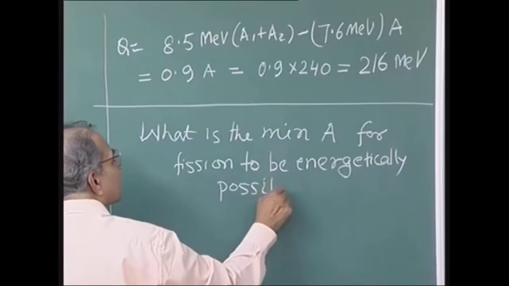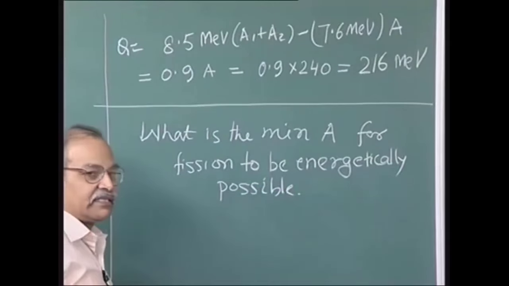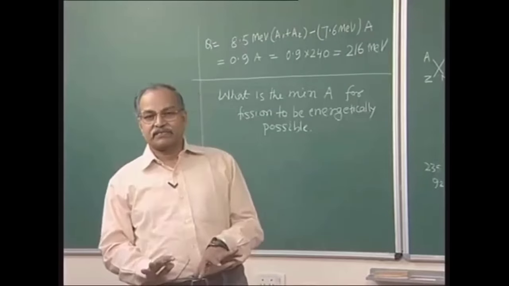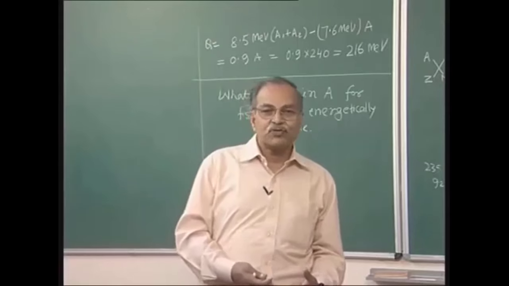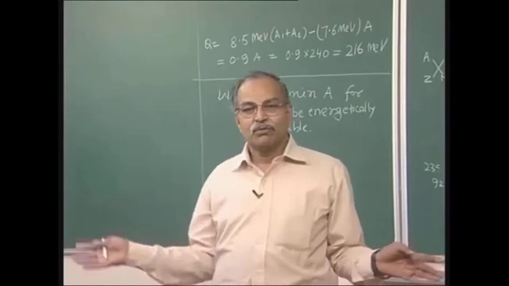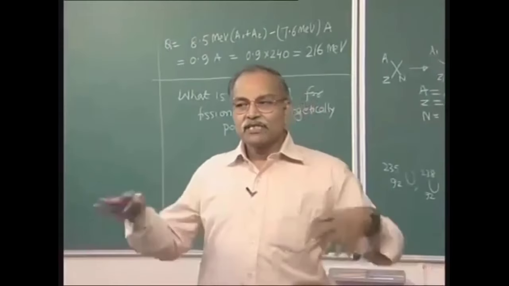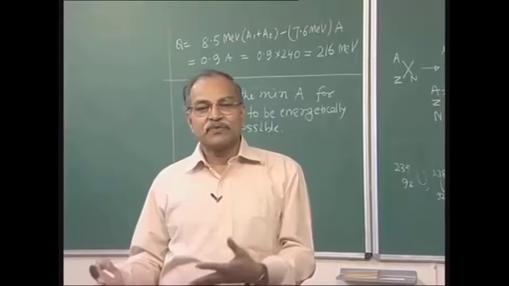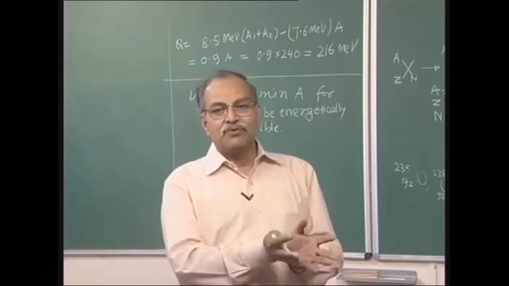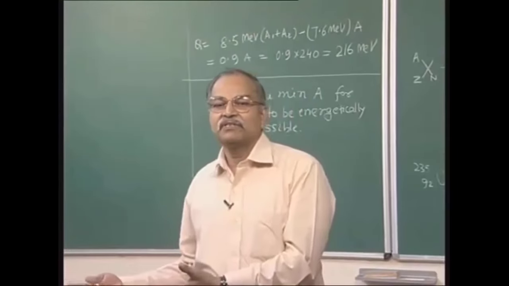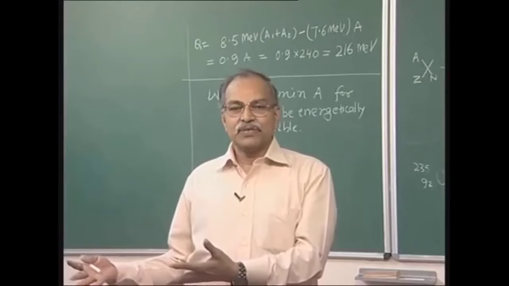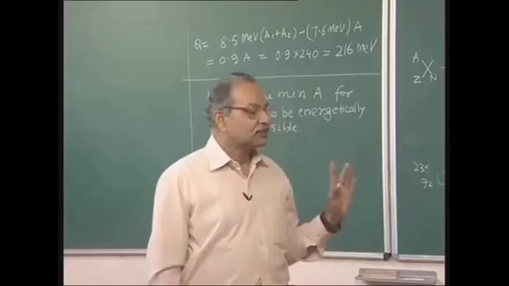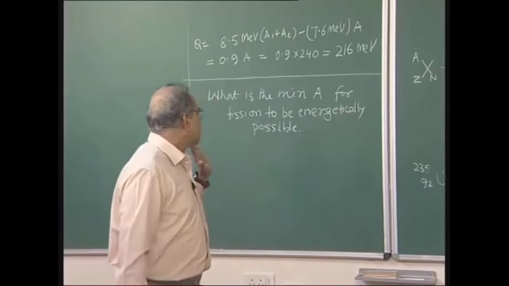Remember, I am talking of rest mass energies in ground states, no external energy given. If external energy is to be given, then anything can be broken. But just because of the difference in the rest masses, which system, whether the initial big nucleus or the pair of fission fragments, has lower rest mass energy, that is what we are looking at. So, no external energy involved.